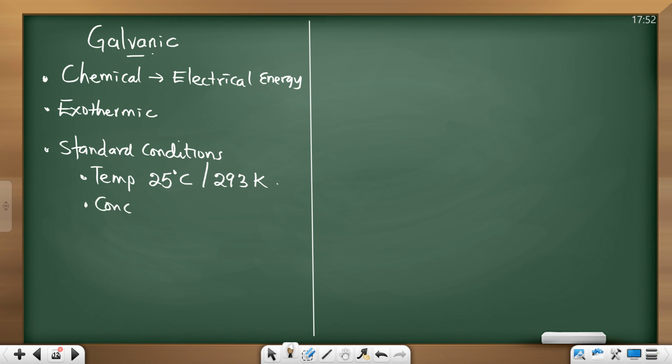Concentration. What's the concentration? 1 mole per cubic decimeter. Gas pressure, when there's a gas, right? Pressure when there's a gas of 1 atmosphere, only for gases. Standard conditions.